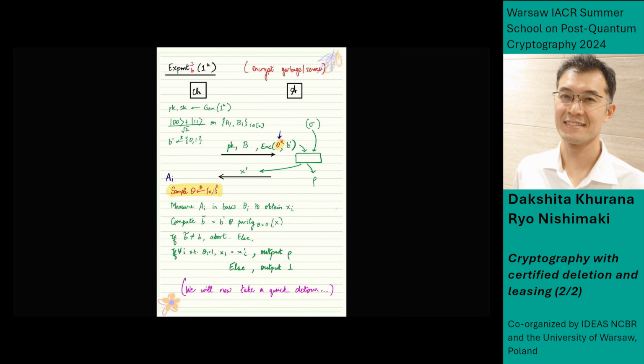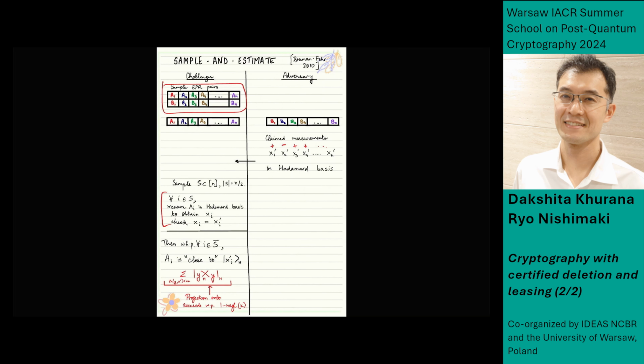Okay, so to look at this, this is a result by Bouman and Pell. Here the left is the challenger and the right is the adversary. We sample the EPR pairs at the beginning of the experiment, send the right register to the adversary and keep the left register.